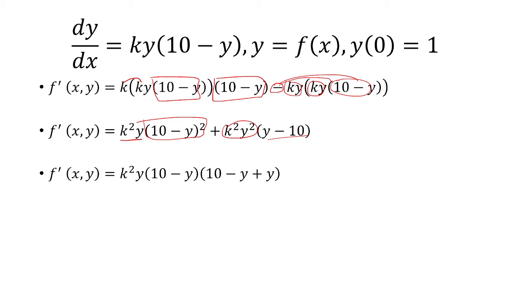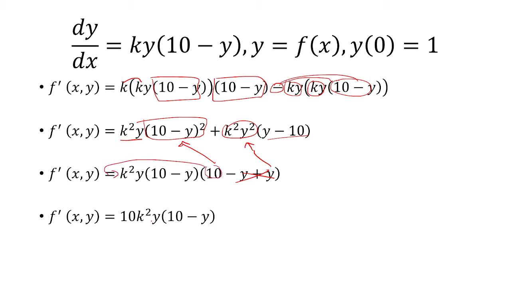At this point, I can factor out a k^2 y and a 10 - y, and what I'm left with is 10 - y from over here, and then a plus y from over here. Now the y's are going to cancel, and then this 10 I just pull out in front.